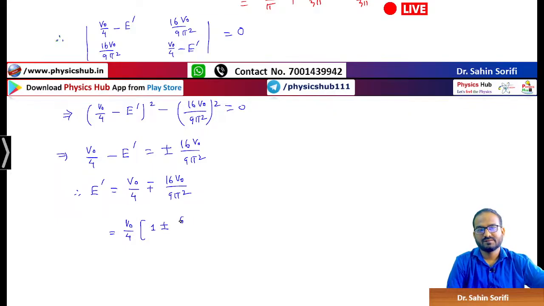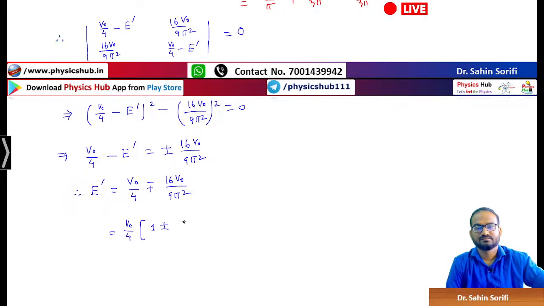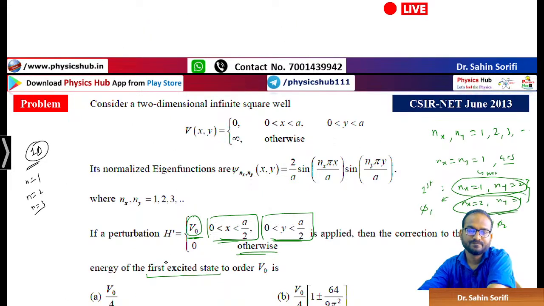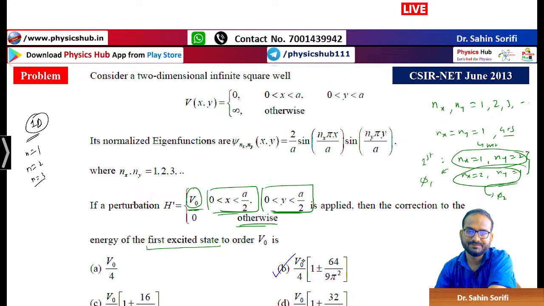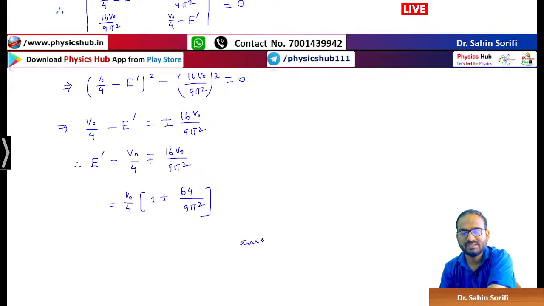V naught we have already taken common, so we are left with 1 plus minus 64 by 9 pi square. Option B. Look, this solution is quite lengthy, but it is in the syllabus, so we have to do it.